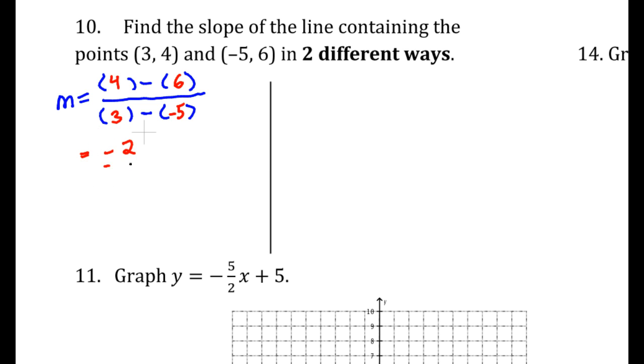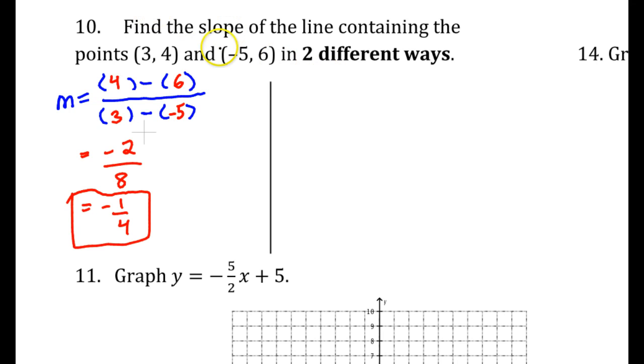So negative 2 over what? 8. Negative 1/4. By the way, this is not an optional step. I see a lot of negative 2 over 8 on pieces of paper. You must reduce it. Not an option. Something we were taught in elementary school. In a fraction, reduce it. In directions, you have to be reminded.